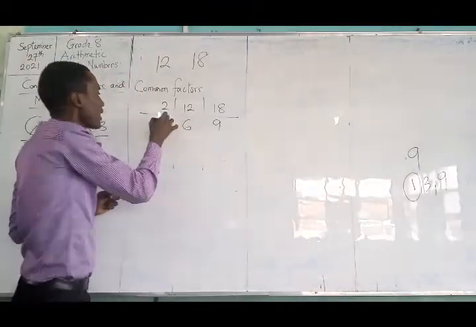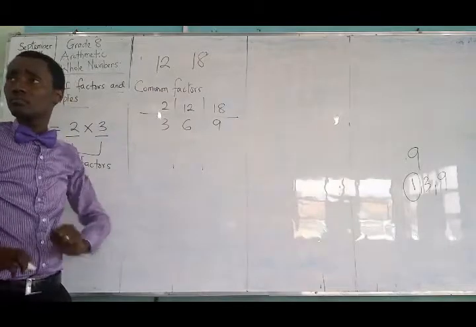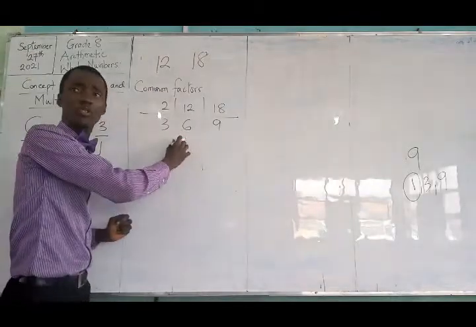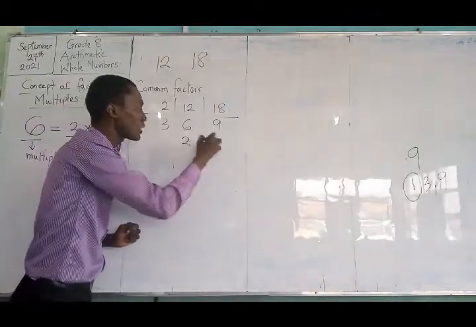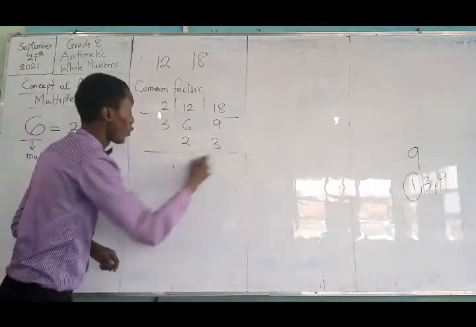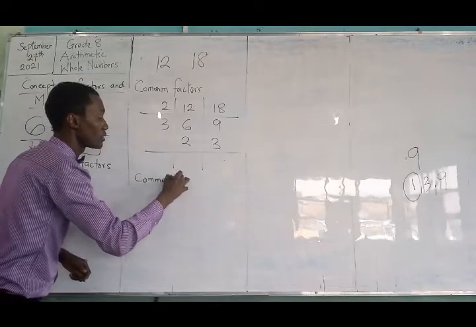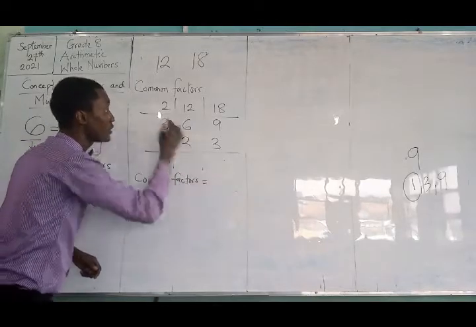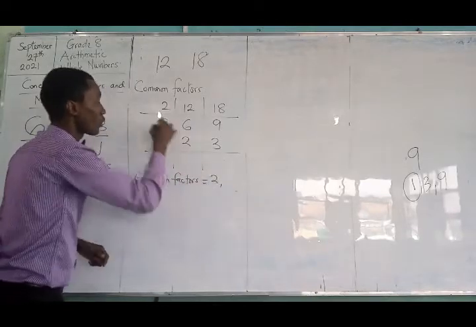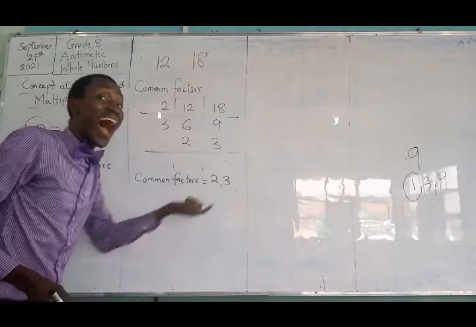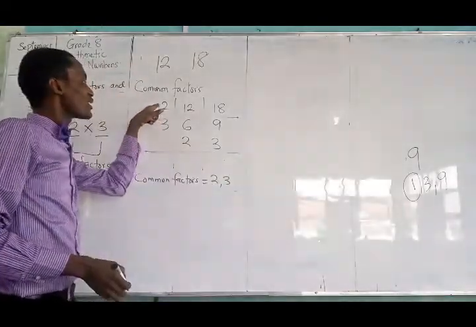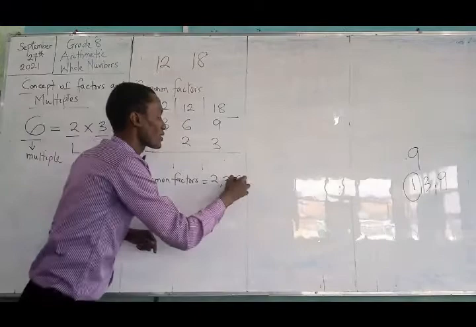Yes. Good. So that 3 will come in. And when you divide this, you need to get what? 2 and 3. So with this, the common factors will now be 2, will now be 3, and also 2 times 3, which will give me what?